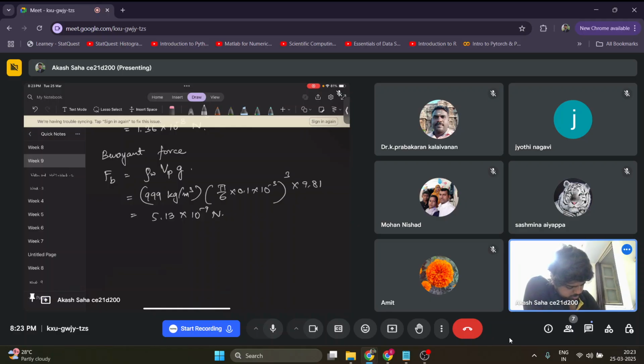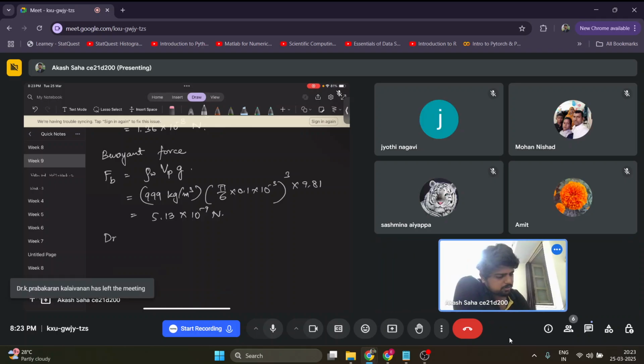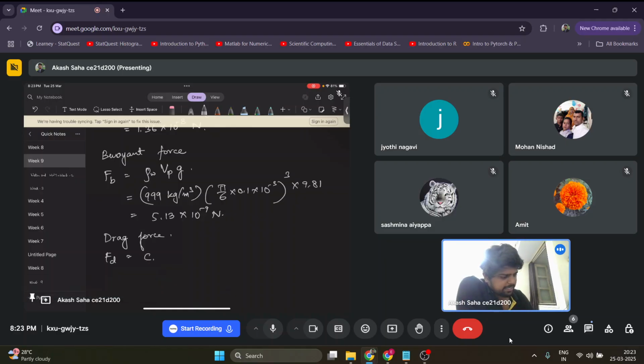Okay, so now we will try to calculate the drag force. Drag force is given by Fd, which is nothing but Cd into rho W into the area that is exposed to drag, into the settling velocity square by 2.